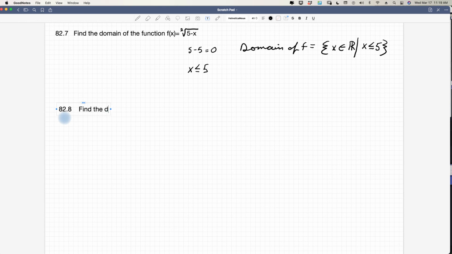Find the domain of the function g of x equal to, and I'm going to have to draw the rest. All right. And here is another set of rules that we cannot ignore. So what is our rule here? What can x not be?